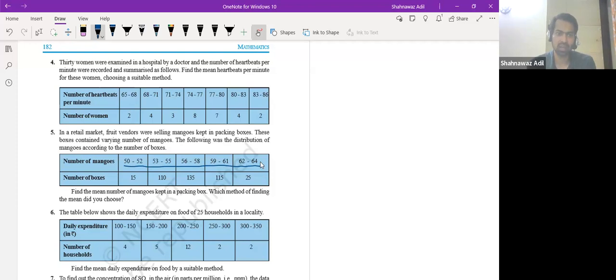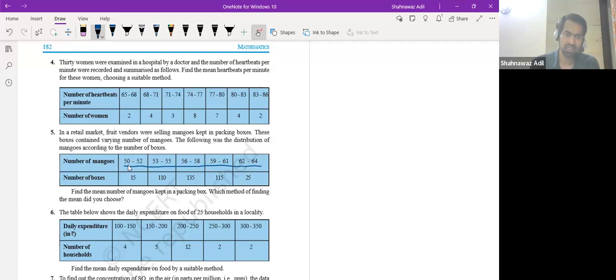This class interval goes from 50 to 52, and then we have 53. Usually, the class intervals we had up to this point were continuous, right? The upper limit in the preceding class interval became the lower limit in the successive class interval. So this was a continuous class interval.